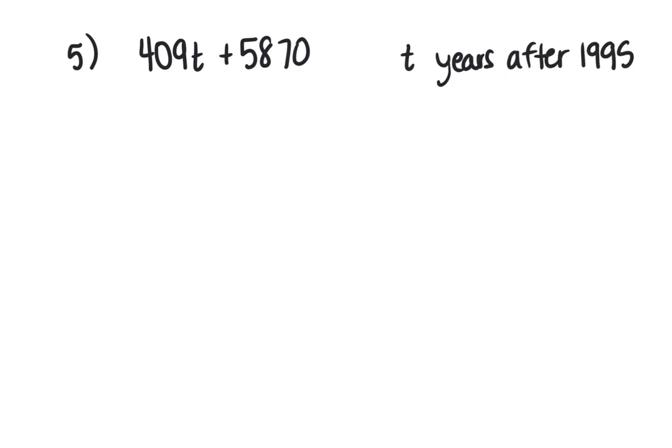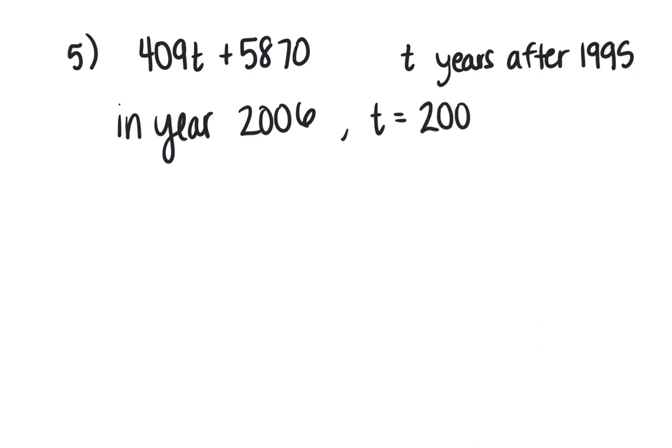So this is an explicit formula, and if we wanted to figure out in year 2006, well, we need to figure out what our t would equal. And since it's years after 1995, we can find that t by taking 2006 minus 1995 to help us figure out how many years we're talking about. So here our time will be 11.